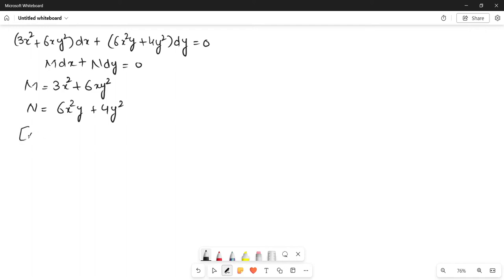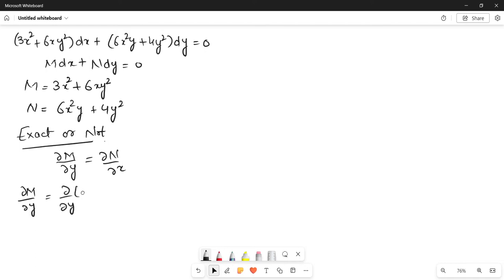So firstly, we will check whether the equation is exact or not. We check whether del M by del y equals del N by del x. First we start with finding del M by del y, that is del by del y of (3x squared plus 6xy squared).